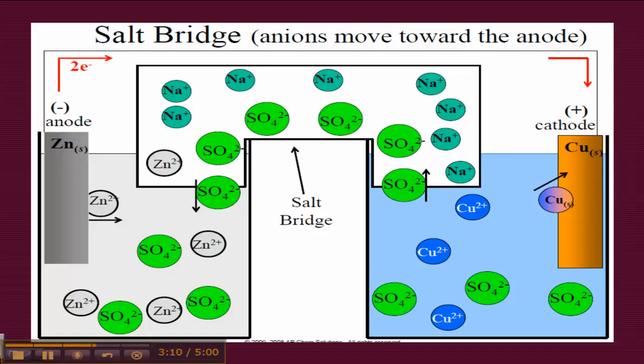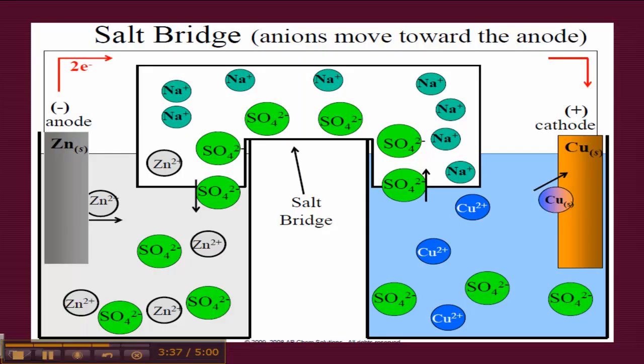If the sulfate did not leave the solution, there would be excess negative charge and incoming electrons would be repelled. This would cause your reaction to stop. Now the salt bridge itself remains neutral because the sulfate left to enter the oxidation half cell at the same time that the sulfate from the reduction entered the salt bridge.